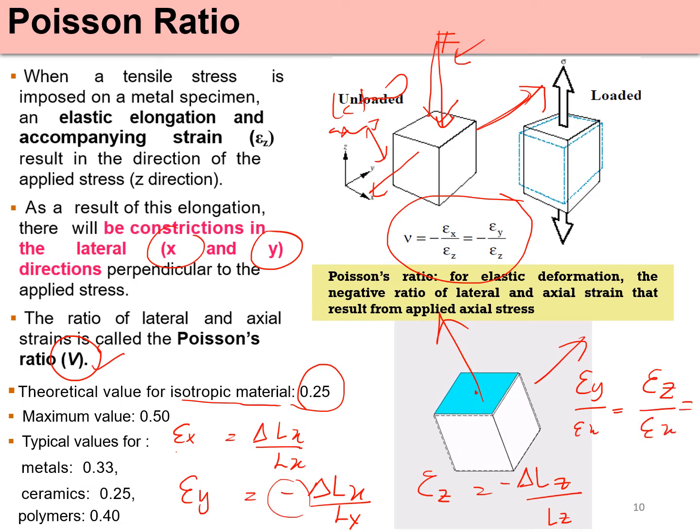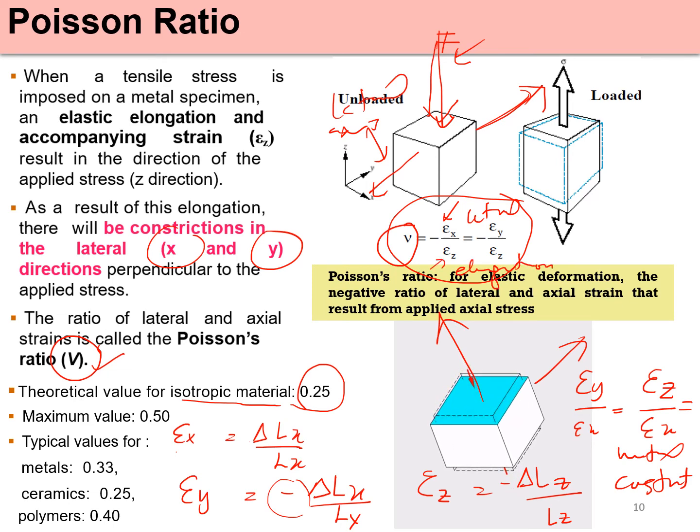This is equal to the material constant, which we denote as nu. It is the strain at the lateral divided by the strain at the elongation, or longitudinal.